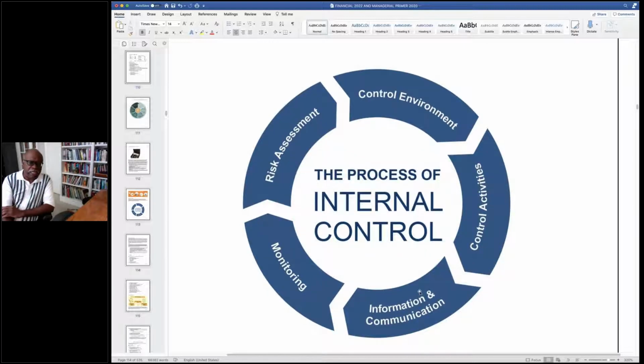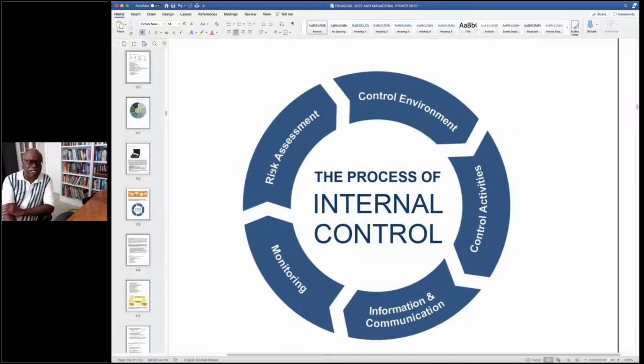Then there needs to be information and communication. Then there's monitoring. Sometimes that monitoring is through spreadsheets, etc. Sometimes it's through cameras. Then there has to be risk assessment, where we're going to pay a lot of attention to areas where our exposure is great.